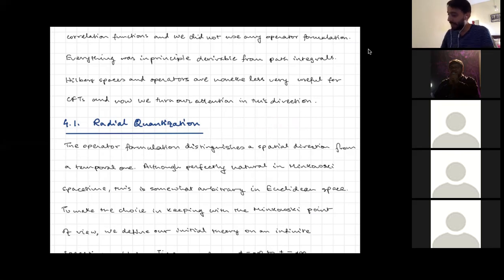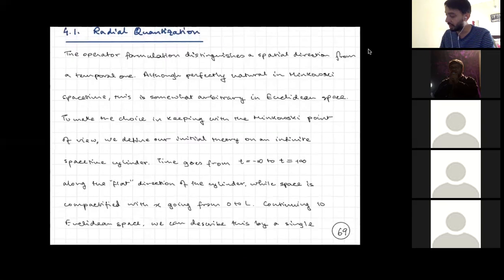And then it becomes a bit arbitrary what exactly you mean by time and what you mean by space, and how you can distinguish between one and the other. So in order to make the choice more in keeping with the Minkowski point of view, we're going to define our theory on a cylinder.